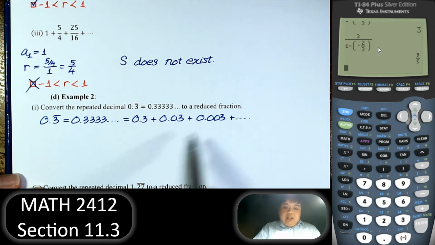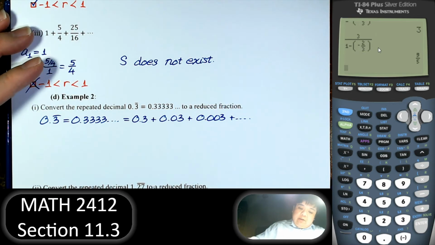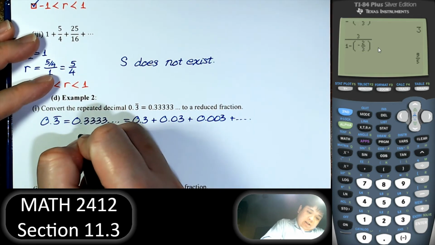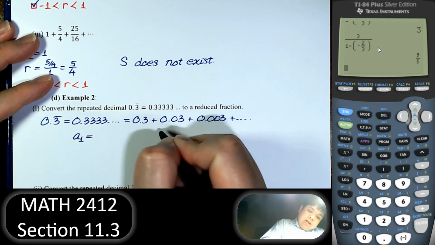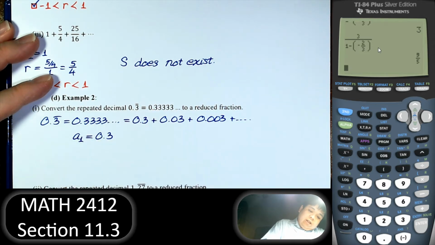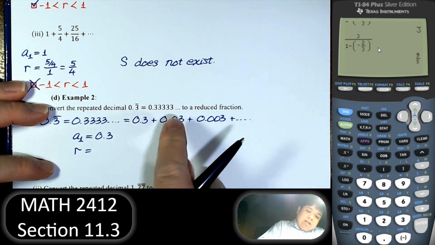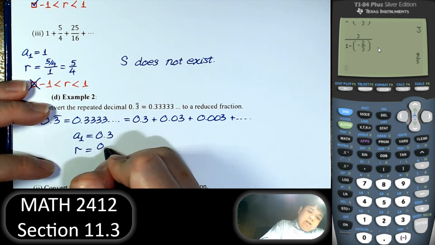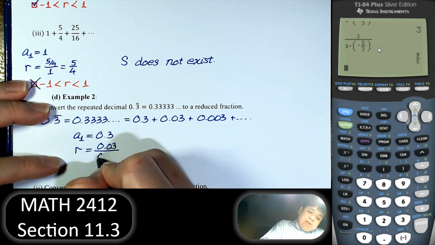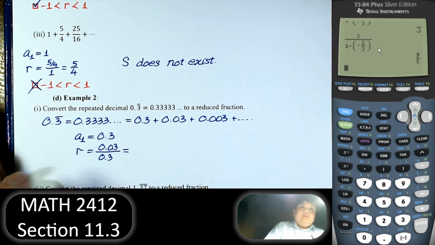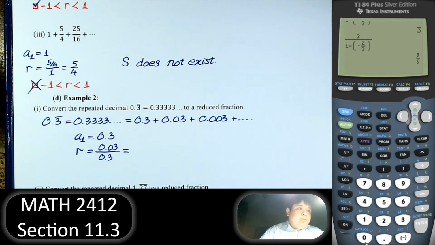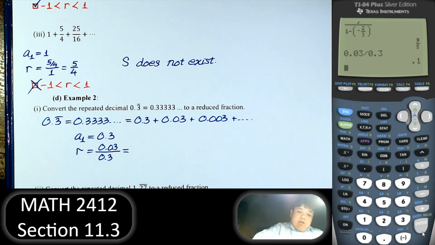So for that series, the first term is equal to 0.3. The common ratio is this divided by the previous one. That should be 0.1.